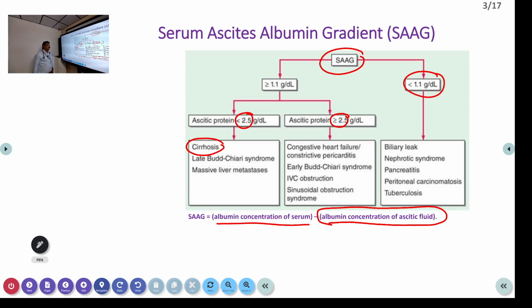But in many cases, where the patient is known to have chronic liver disease by ultrasound, LFT and so on, cirrhosis normally produces ascites. So in a known case we don't depend on SAG, but in an unknown case, as an initial workup, we can depend on this SAG value.